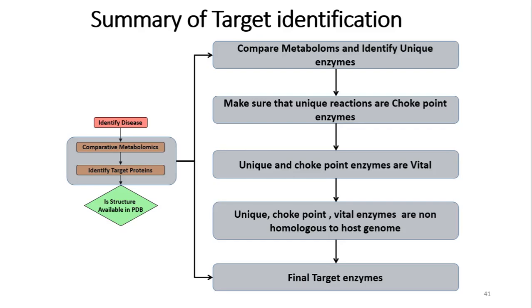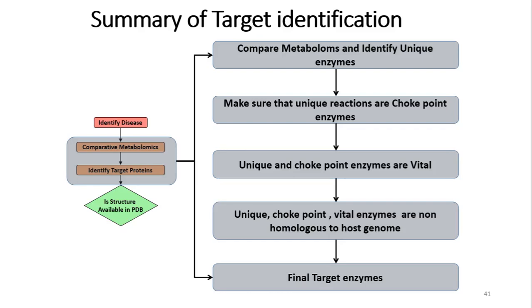Then you would again shortlist out of the 70 a few enzymes, say 50, that are very vital for survival of that pathogen. And eventually of these 50 you might end up with say 5 or 10 enzymes that do not have any homologous enzyme present in your host genome.